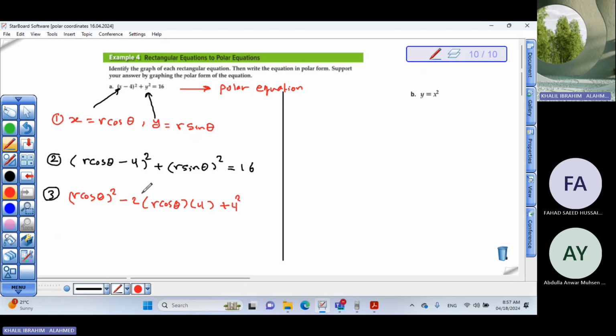All these terms come from expanding the first bracket, plus what? Plus this r squared sine squared.